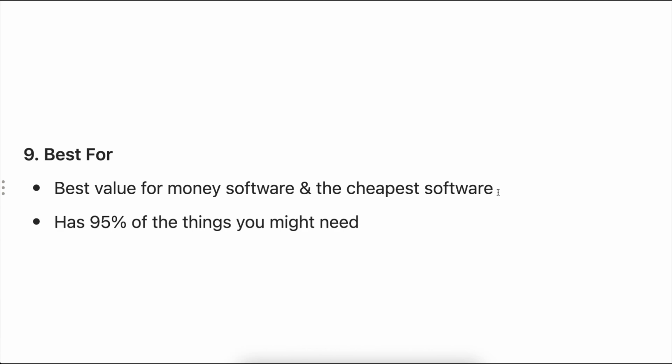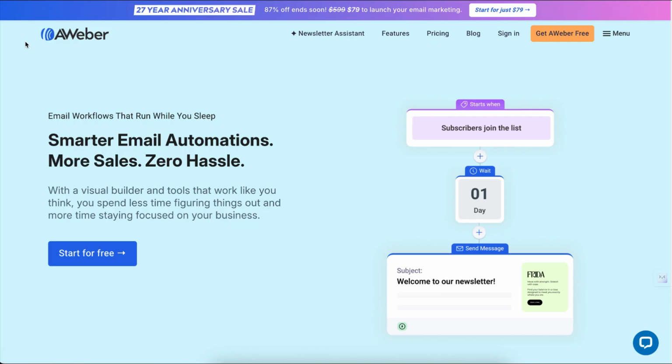I wouldn't say to go with the cheapest software just because it's cheap, because investing money makes sense, but actually all of the features that you get for the price are absolutely amazing. It literally has 95% of the things you might need. There are maybe just a couple of small things that you might be lacking, but for the price, it's an absolute no-brainer.